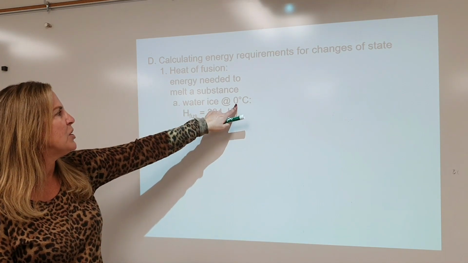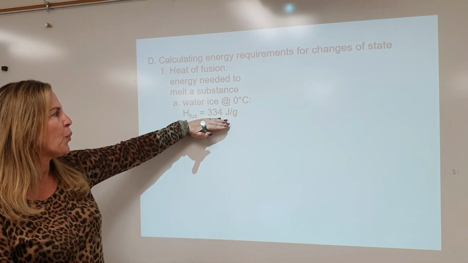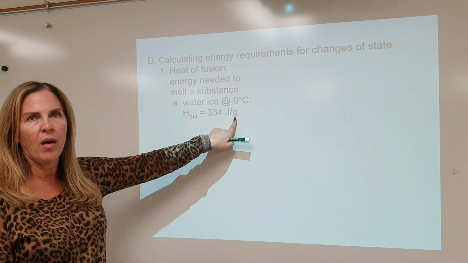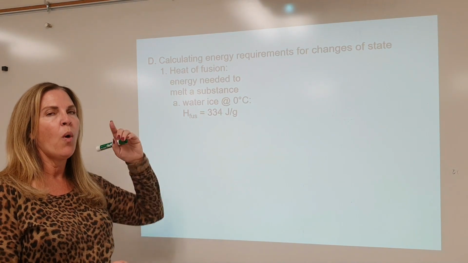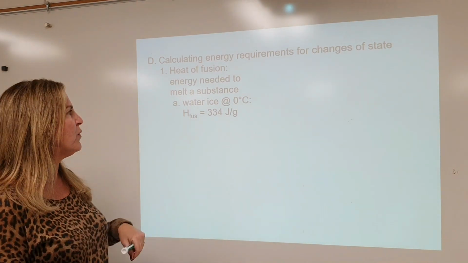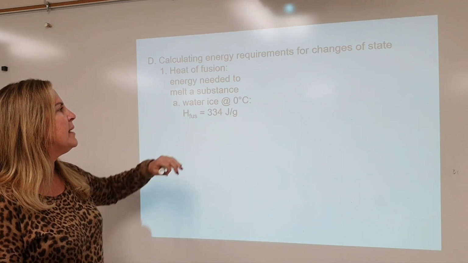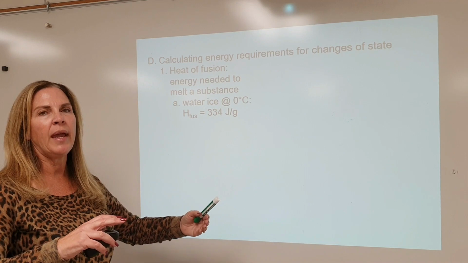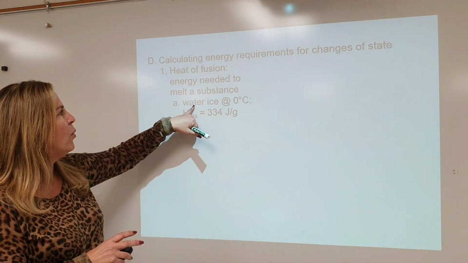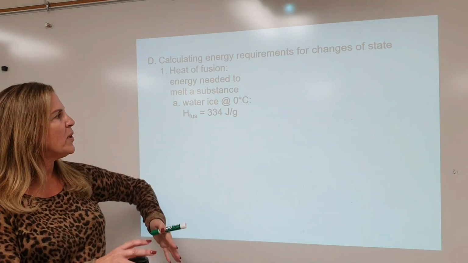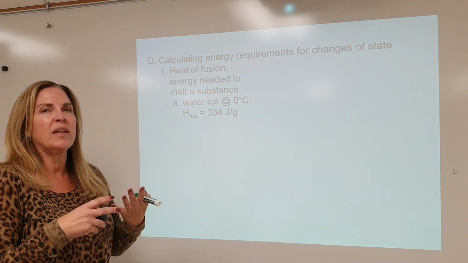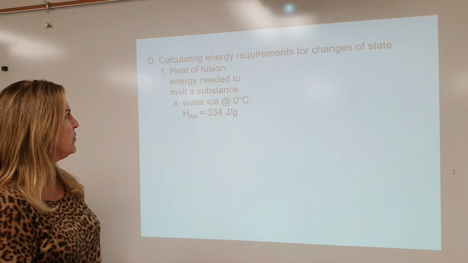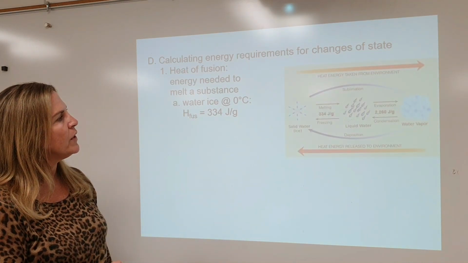And water at 0 degrees Celsius is going to take us 334 joules of energy per gram of water. So that's a relationship. So 1 gram of water, 334 joules of energy. Now, in one direction, that is energy that is being absorbed, so that's energy that's taken in. And in the other direction, it would be the same amount of energy being released. So melting or freezing.